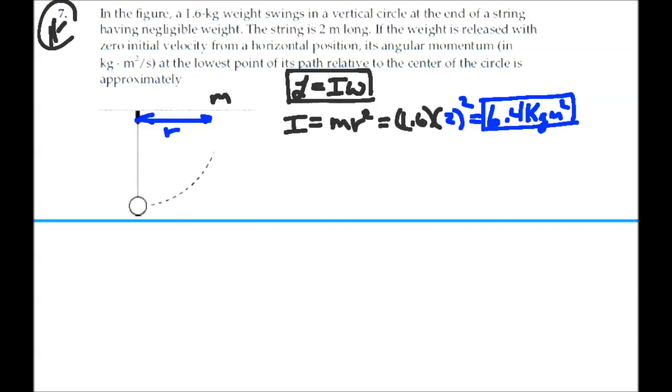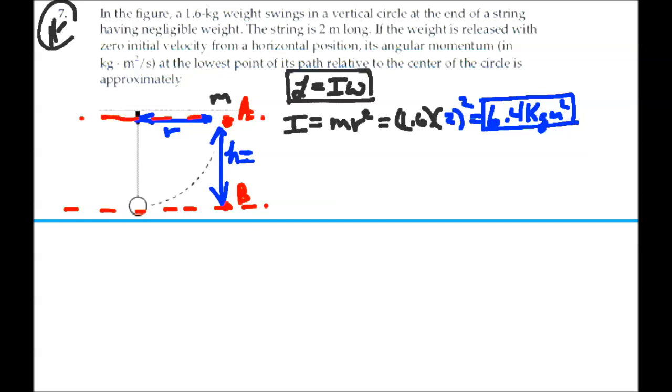Now we want to find the angular velocity, and we can use conservation of energy for that. If we treat this as 2 points, here's point A, which is above the other point, which is point B, and the height between them is this height right here, which actually is equal to the radius of the circle.